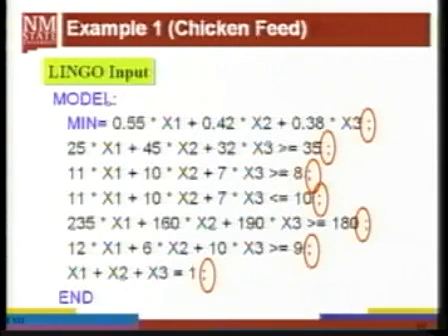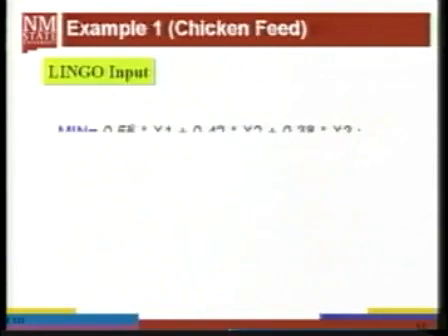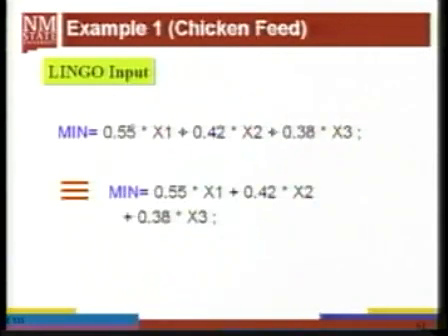And each mathematical expression in LINGO is terminated with a semicolon. Okay? Which means LINGO cannot solve the model without this semicolon. And an expression may be broken up into as many lines as you want, but the expression must be terminated with a semicolon again.